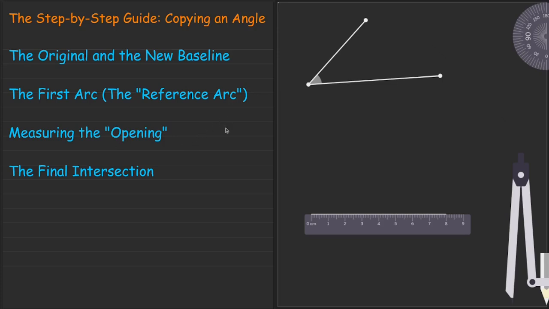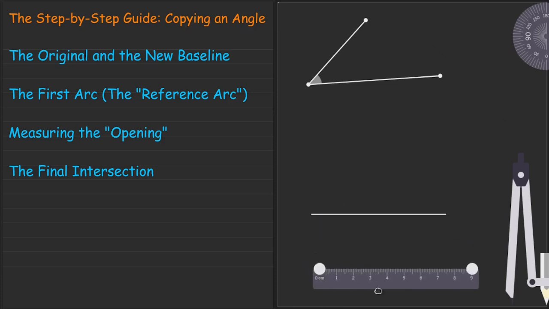An angle needs a vertex. That is where the two lines will meet. So I'm going to draw a vertex right here. Let me change the color and put it somewhere around here. So we now have our baseline and we also have our vertex.